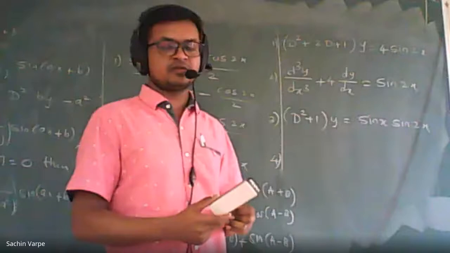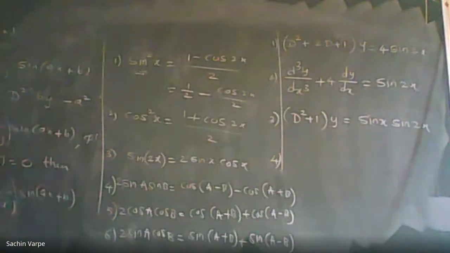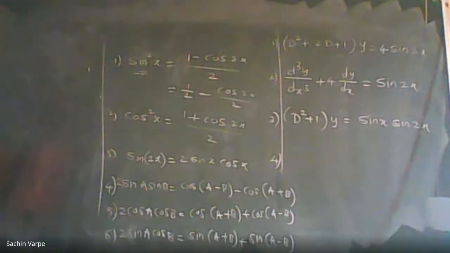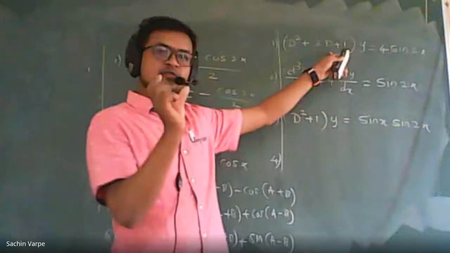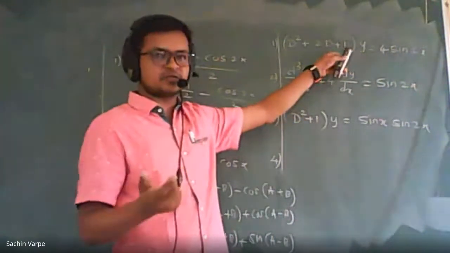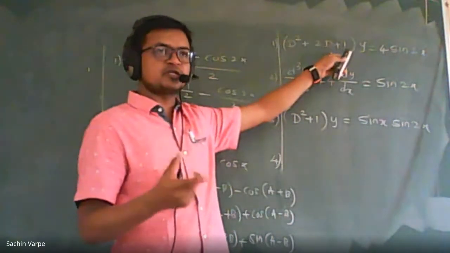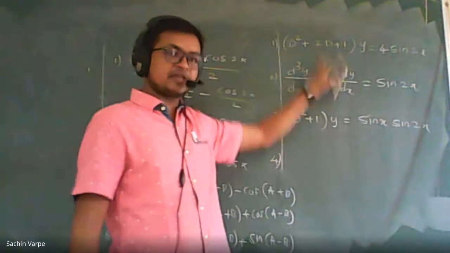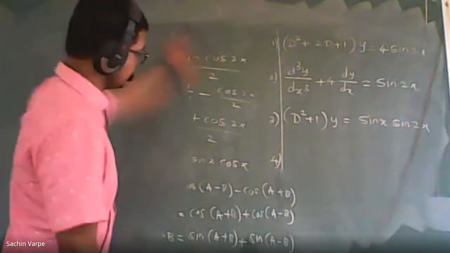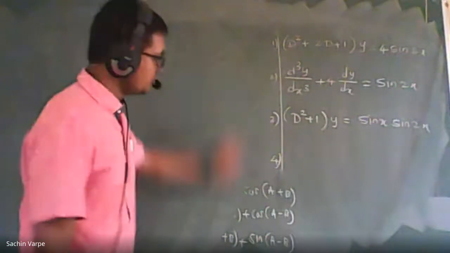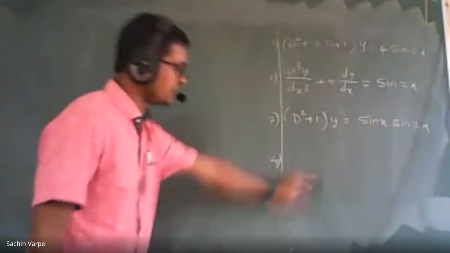So what are the roots here? -1, -1. Exactly, the roots are real and repeated because that is the expansion of d plus 1 the whole square. So d plus 1 operator is repeated twice. d plus 1 equal to 0 means d equal to -1. So -1 are the two roots, real repeated roots. So we know the case for a real and repeated root.